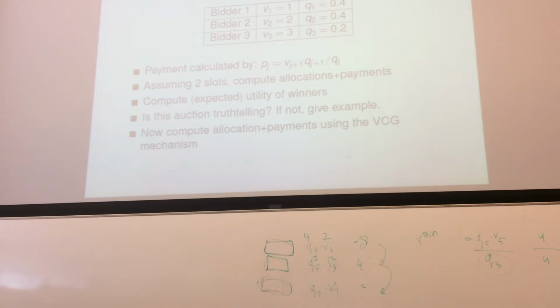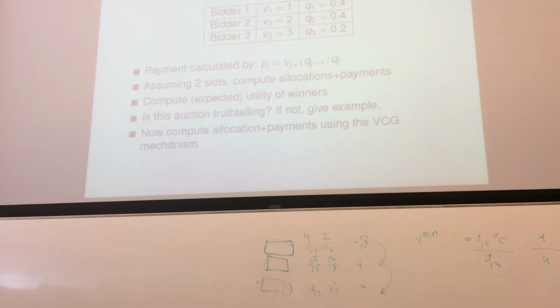This is 0.8, but we have to divide by 0.4, 1 divided by 0.4, divide by J. So this is your position. Actually, you pay between position 1, so you should pay the position 2 minus yours. Oh, sorry, I did it wrong. Because it's a second price.